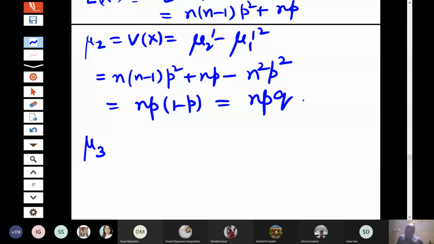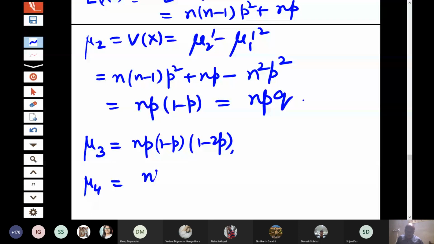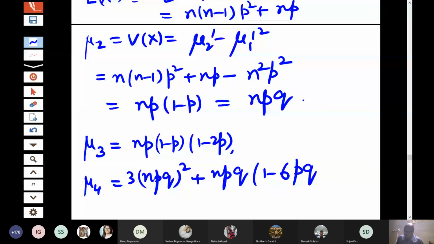Mu3 will become np into 1 minus p into 1 minus 2p. I leave this as an exercise, and mu4 is npq square into 3 plus npq into 1 minus 6pq.